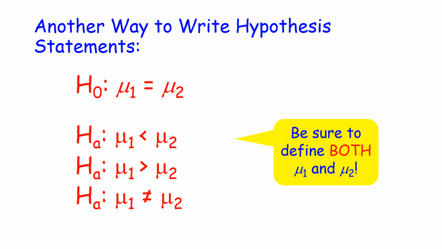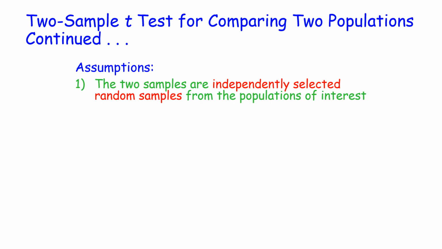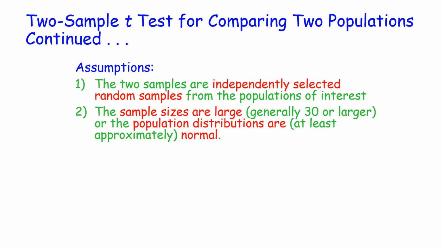So what assumptions do we need to think about here? First, the two samples are independently selected random samples from the population of interest. Second, the sample sizes are large, generally 30 or larger, or the population distributions are at least approximately normal.